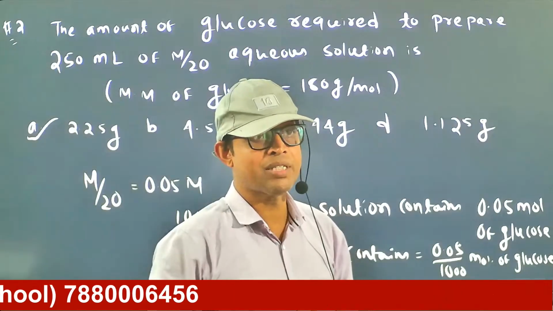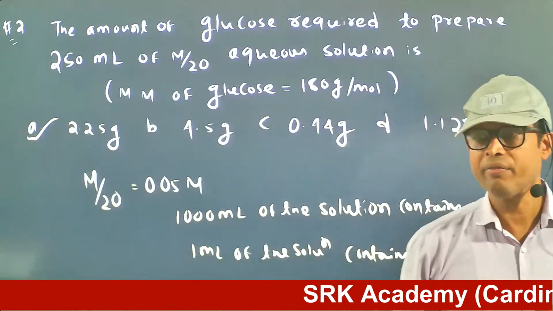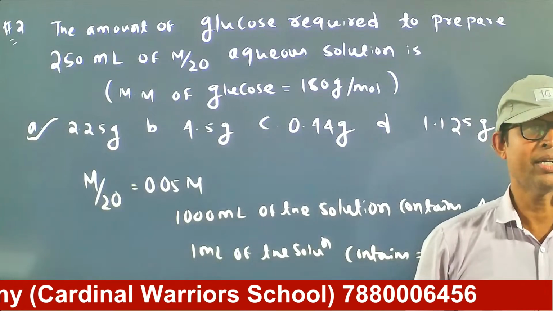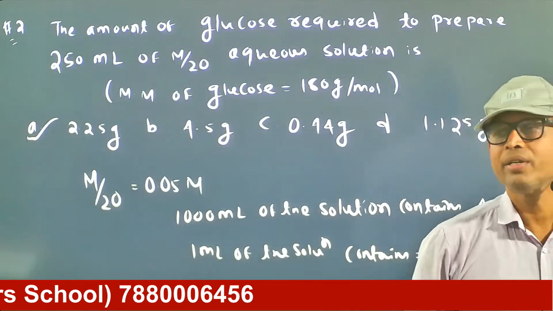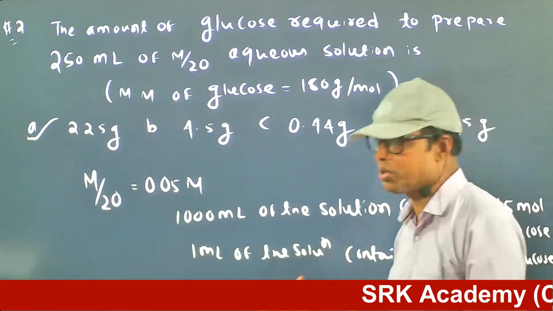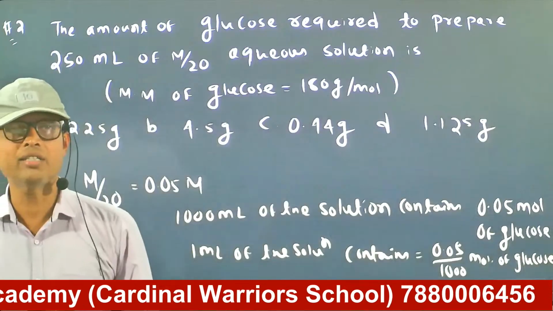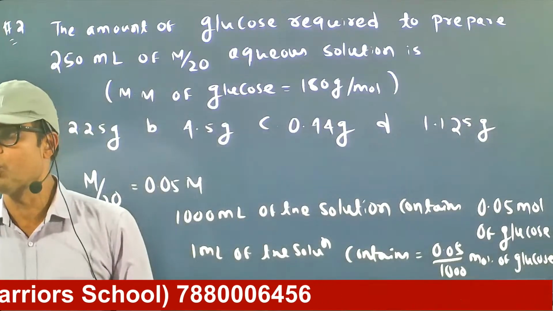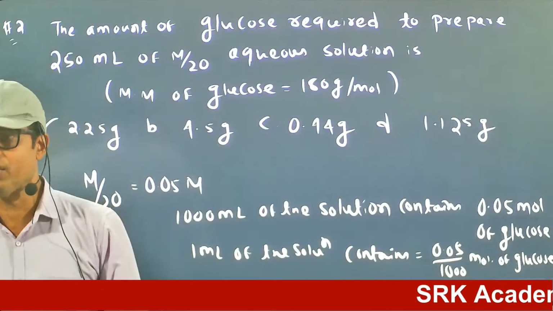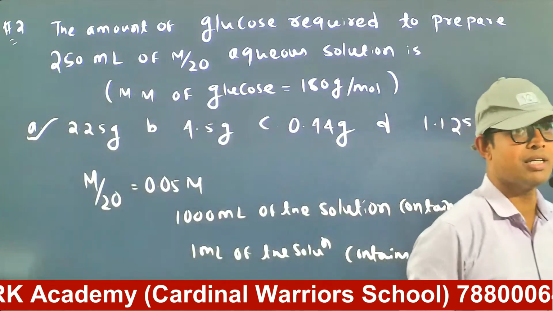M upon 20 means 0.05 M, and that is equal to 0.05 mole of glucose found in 1000 ml of the solution. In other words, 1000 ml of the solution contains 0.05 mole of glucose, and 250 ml you can calculate by the unitary method. 250 ml contains what?